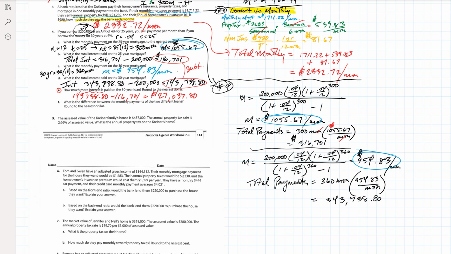The bigger payment was $1,055. So what's the difference between the monthly payments? Subtract: $1,055.67 minus $954.83. When you do that, you get $100 and roughly 84 cents. If you want to round that to the nearest dollar, that's about $101. So the difference is about $101.